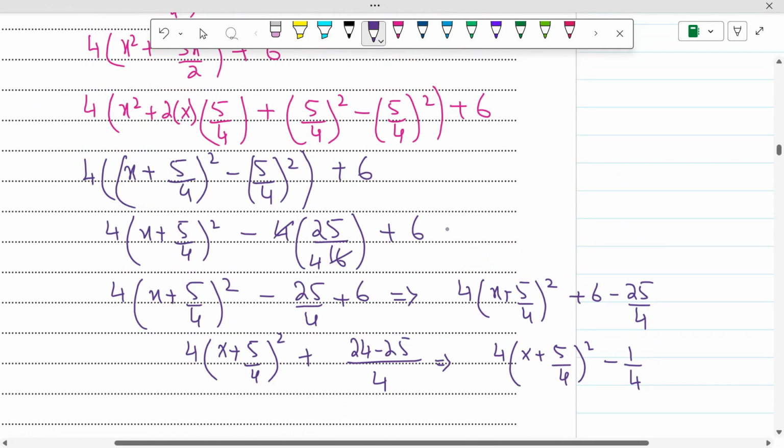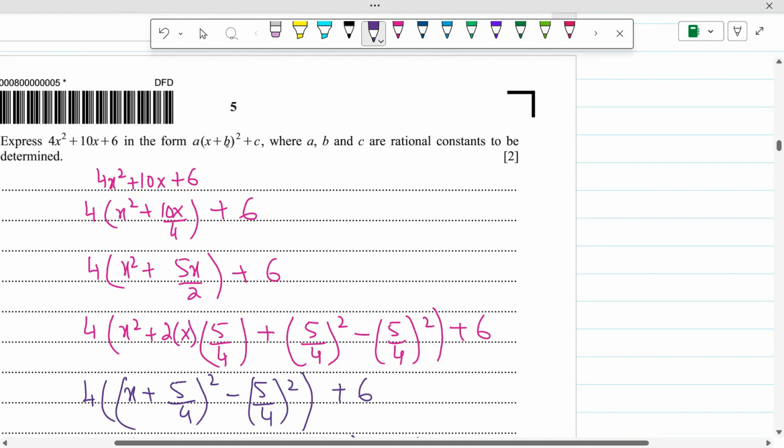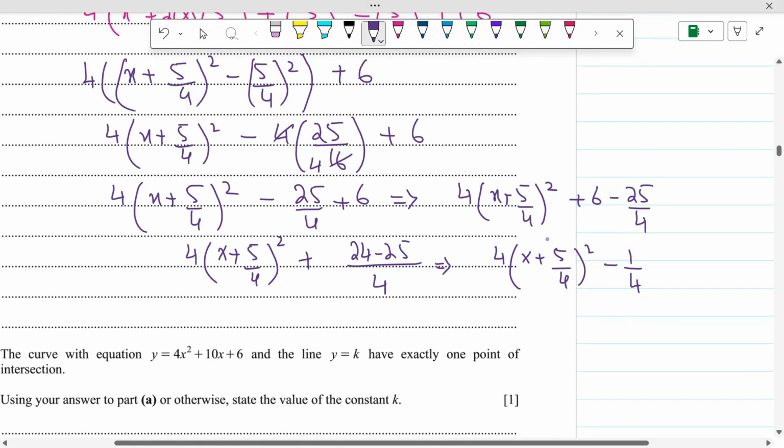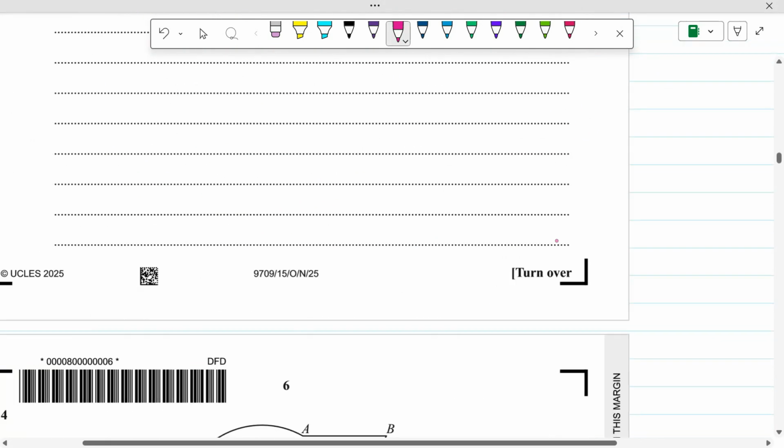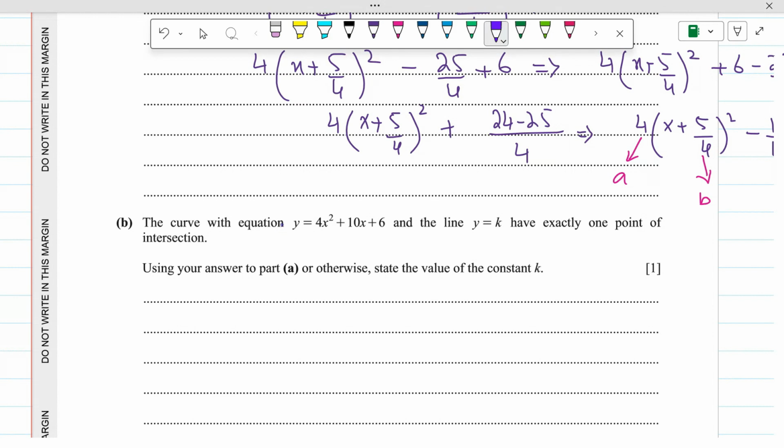So this is the required format, which is a(x + b)² + c. In this case, this one is a, this one is b and this one is c, which is negative 1/4.